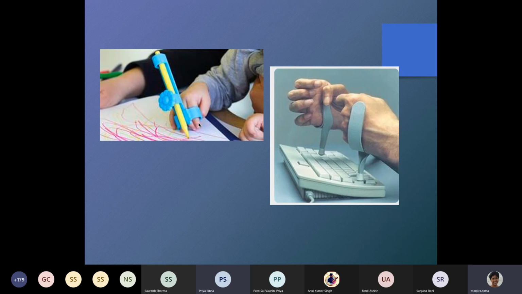I am not sure if these are available on Amazon, but if yes, then it will cost much more. So, not every technology should be 3D printed. There is a cost-effectiveness trade-off that we need to calculate. But these kinds of pencil grips can be made very easily accessible and available with the help of 3D printing.